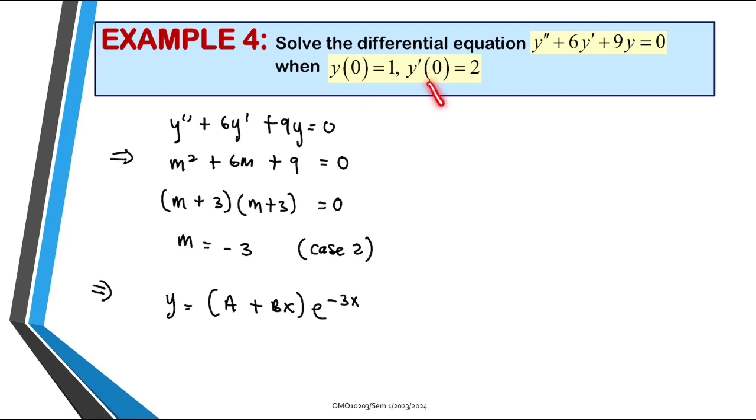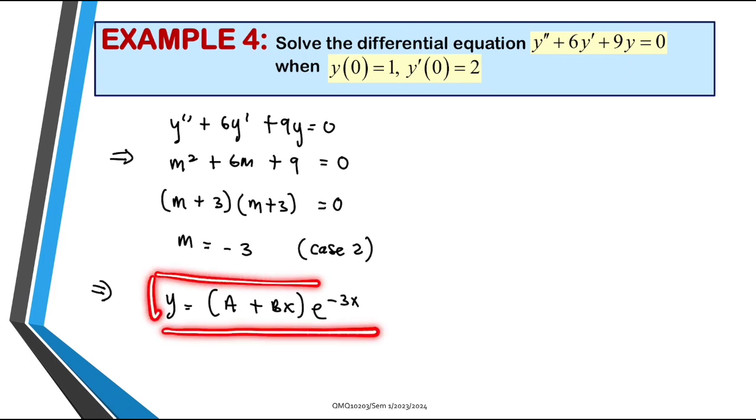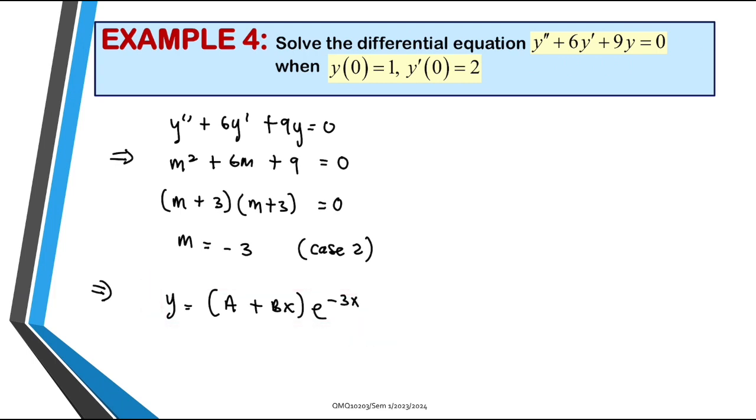Second, we have y prime (0). That means we need to differentiate this equation to get y prime. So let's differentiate. First, let's expand this equation: we have a e^(-3x) plus bx e^(-3x). Now from this equation, I can find y prime.